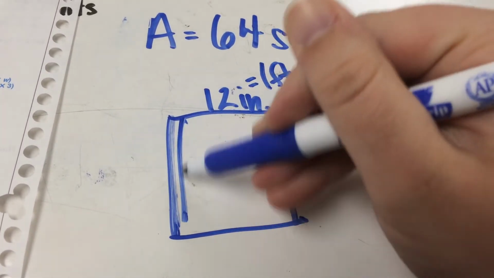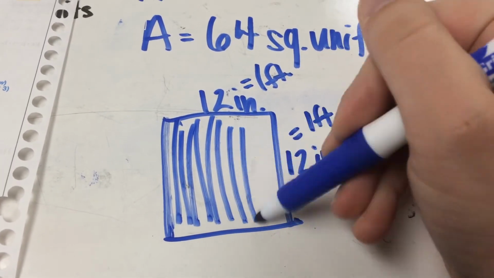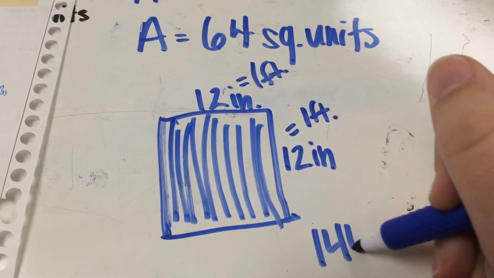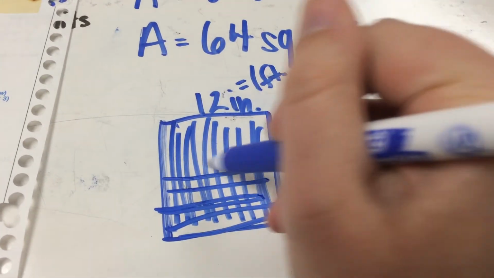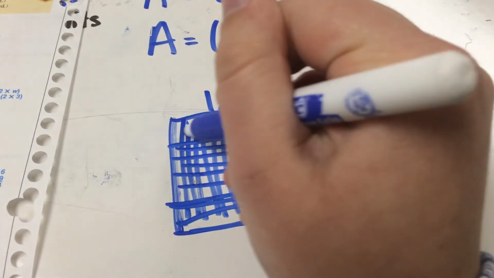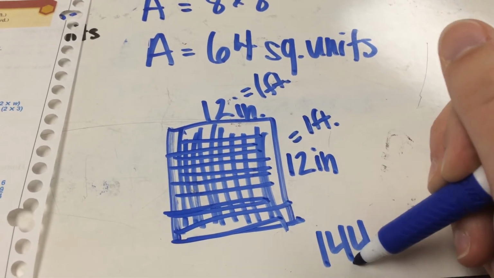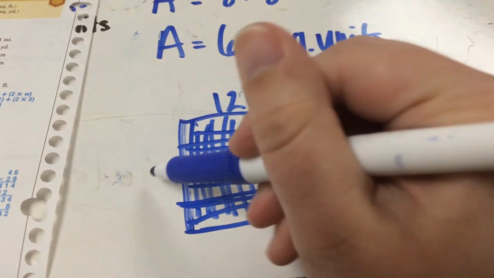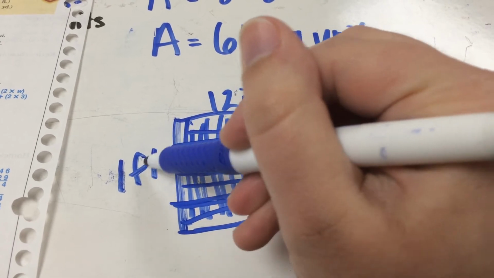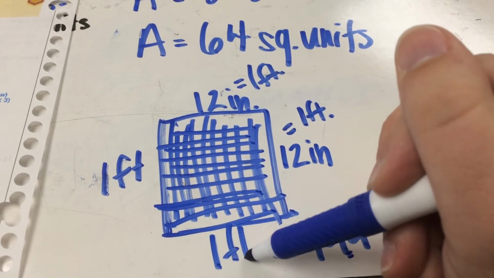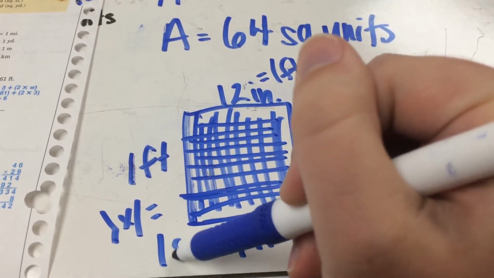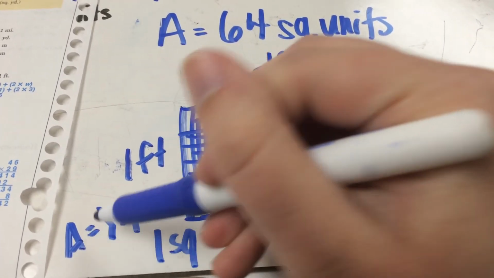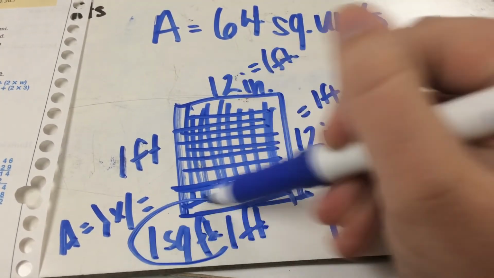So whenever I multiply, 12 times 12 is 144. So if the area in inches is 144 square inches, because 12 times 12 is 144, then this is also 1 foot, because 12 inches is the same as 1 foot. And 1 times 1 equals 1 square foot, right? So that's why it's that.